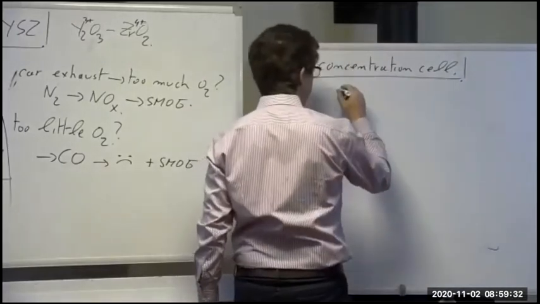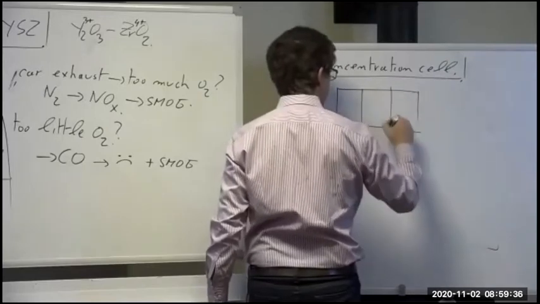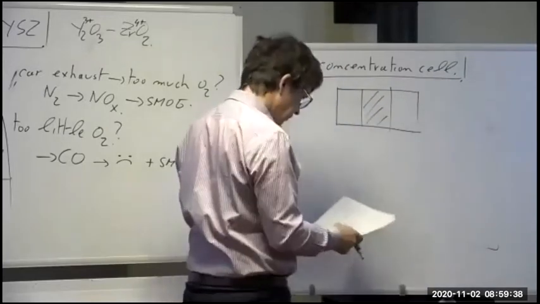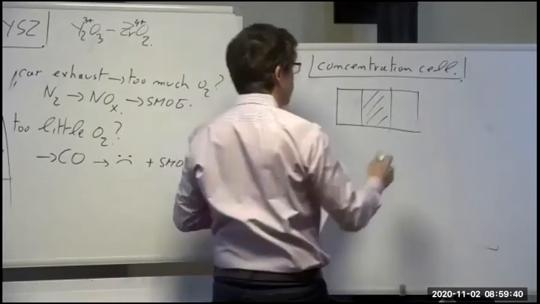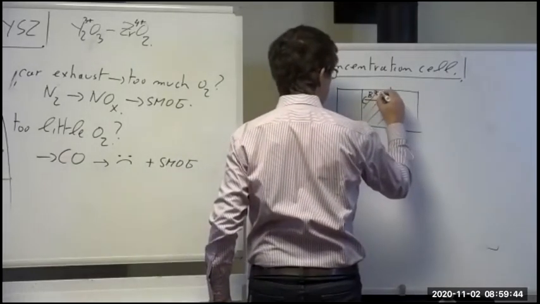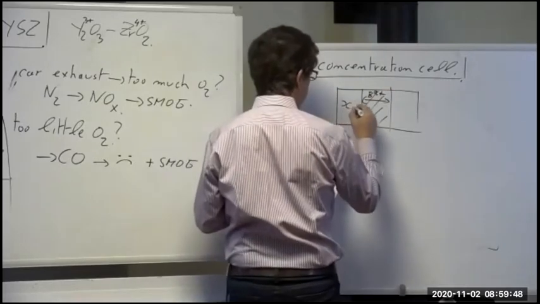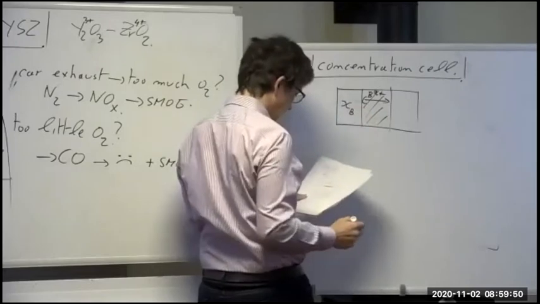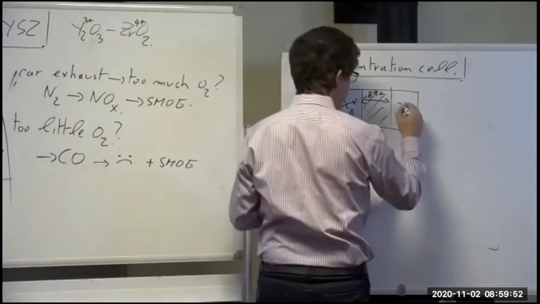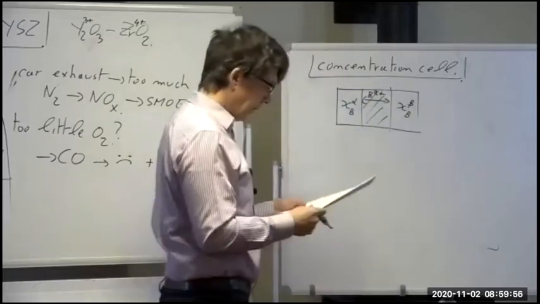So I can set up a concentration gradient between 2 solutions. So again, let's say this is a membrane of some species that I move. So again, I'm moving some B^Z+ ion through here. And let's say here I have a concentration of B in an alpha phase, and here I have a concentration of B in a beta phase.